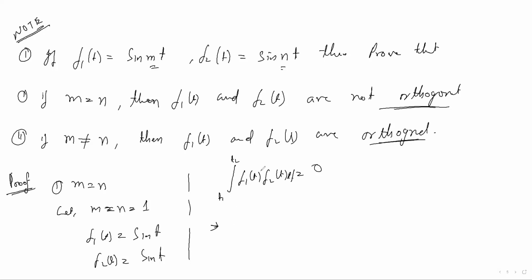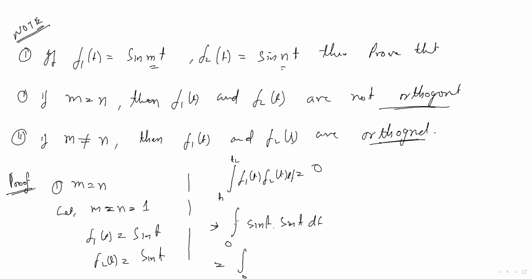Since sin t is a periodic signal, we can take the interval 0 to T, only one time period. So the integral from 0 to T of f1(t), which is sin t, and f2(t), which is sin t, dt. Here capital T is the time period, or you can write the time period as 2 pi.